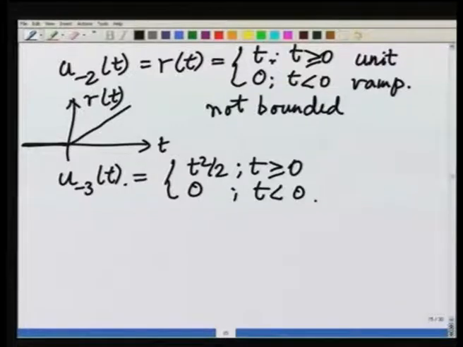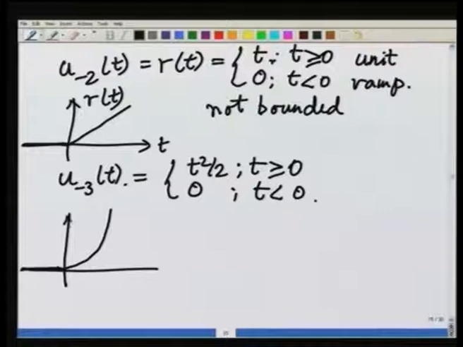It would look like this. 0 again until t is 0, and after this it rises in a curve like this, a quadratic curve. No names, as I said. This is also not bounded.